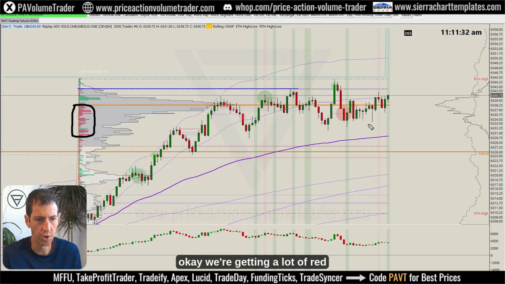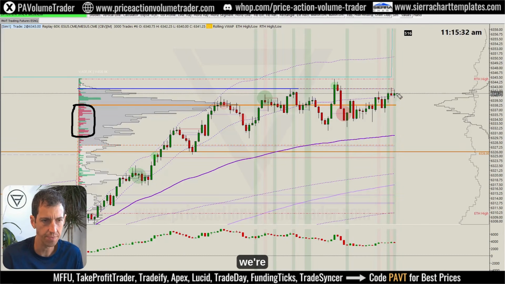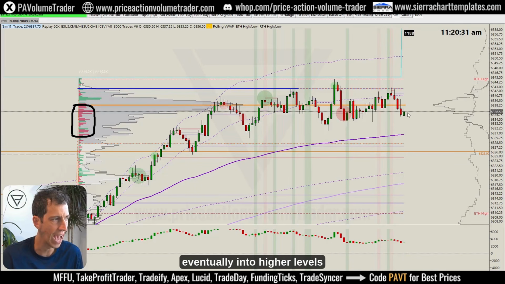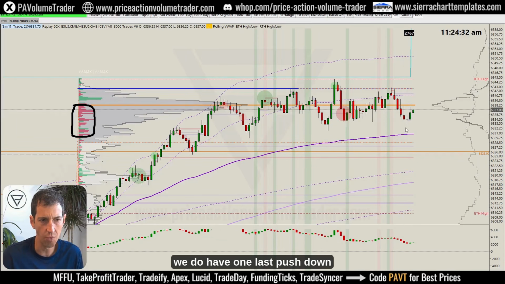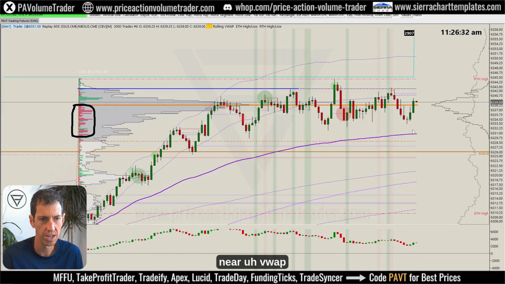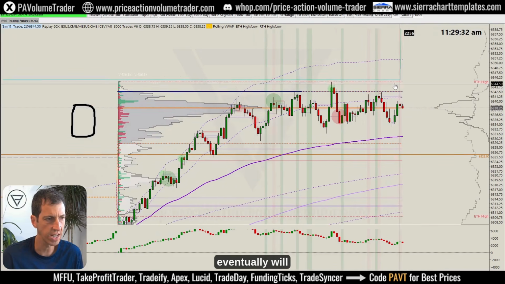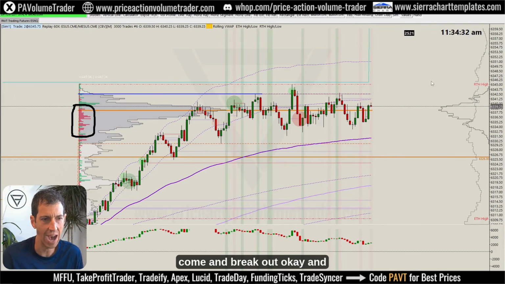We're getting a lot of red highlights, and then finally we're going to see price breaking out eventually into higher levels. We do have one last push down near VWAP, but the market eventually will come and break out, okay?